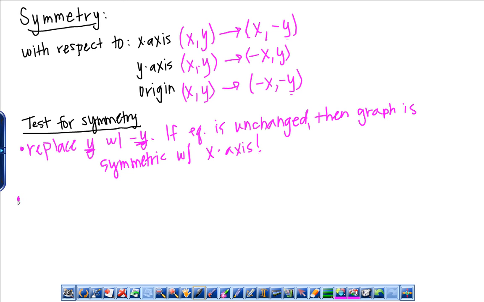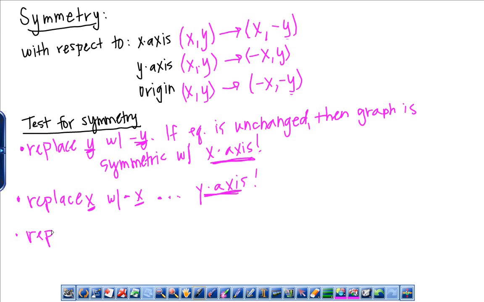If I can replace the x with a negative x, and my equation is unchanged, then the graph is symmetric with the y-axis. Okay? If I can replace both, then it is symmetric with the origin. Okay, now let me show you what I mean.